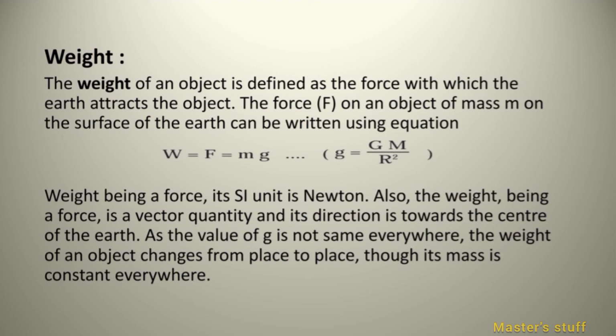But this isn't the case for weight. The value of weight changes from place to place, as the value of g is not the same everywhere, though mass remains constant everywhere.